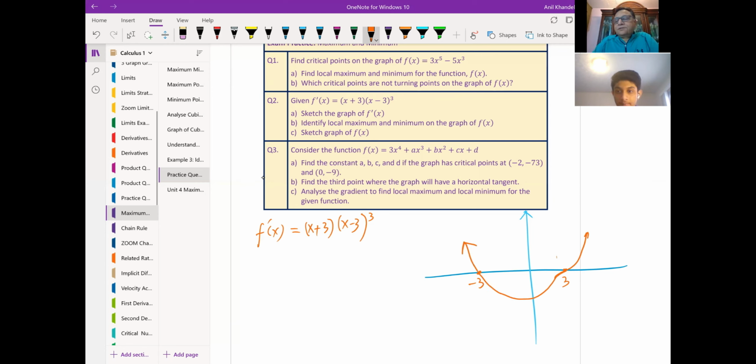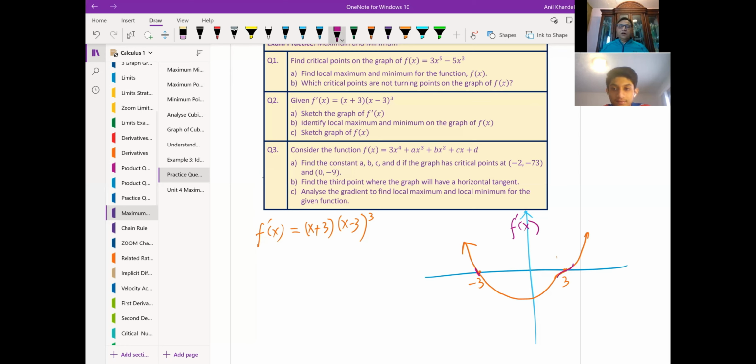Sir, I got a local minimum at -3. At -3. So this is the derivative, correct? Let's be very clear, we're talking about the derivative of the function. As you can see, this is cubic, like a cubic function, and this is linear, the way it is changing.